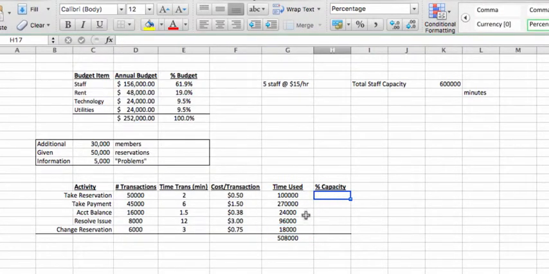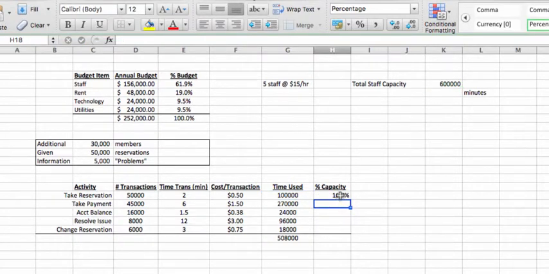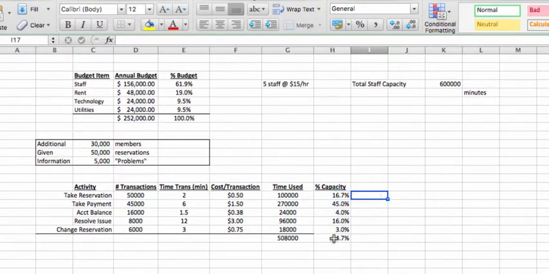As we think about what our total capacity is, we know what that is, so let's figure out how much of our capacity this actually uses. Again, we want to use absolute cell references here, and we'll extend it down and sum it.